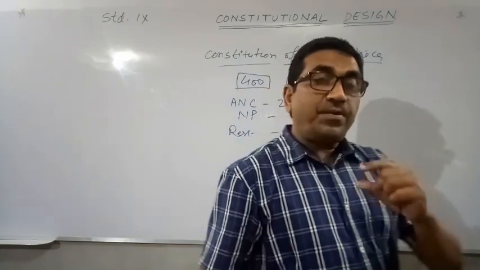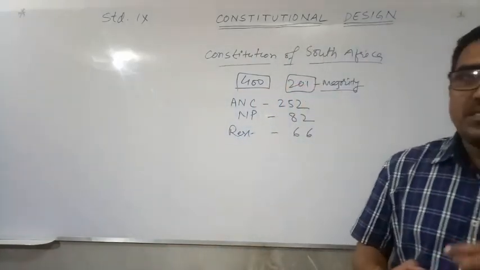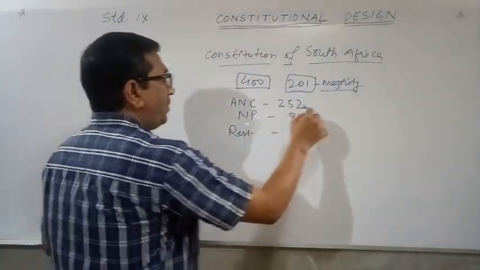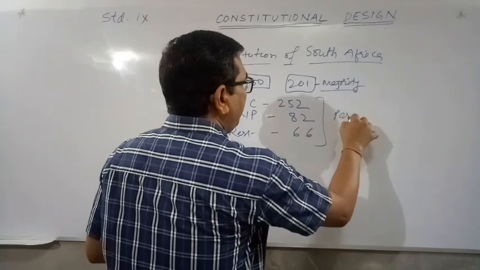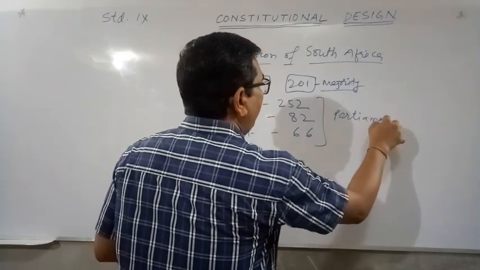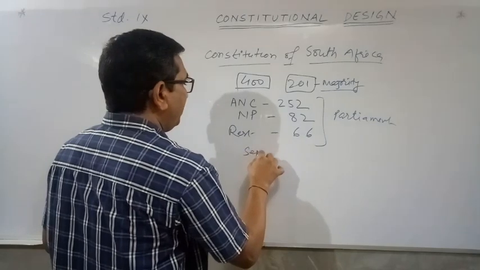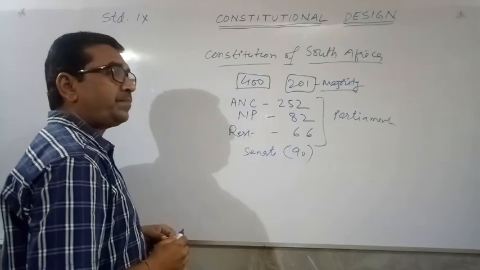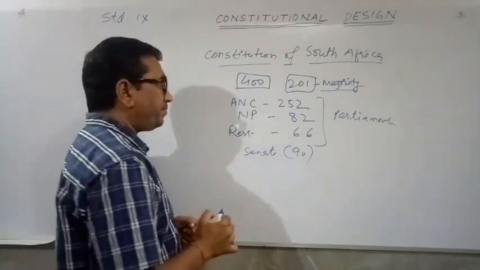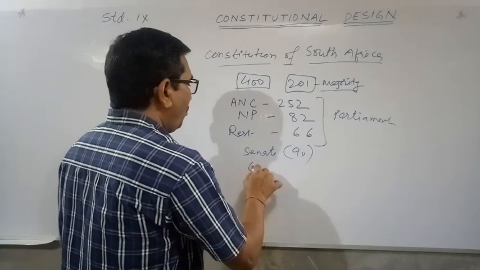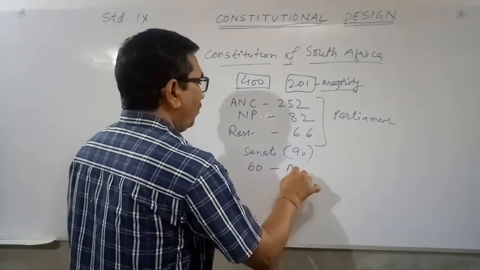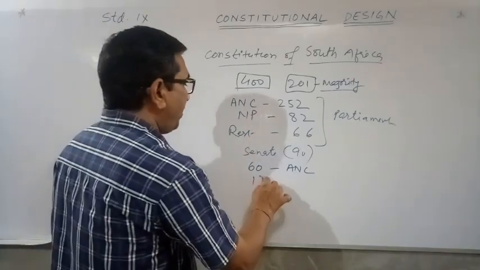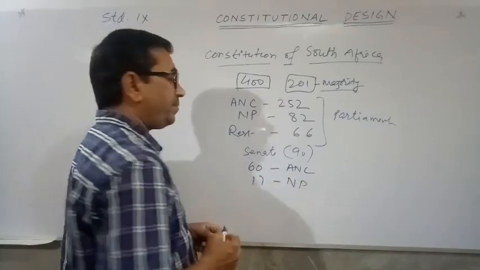If we talk about the Senate, the upper house, there were 90 seats. That was the condition of the parliament. Then in the Senate, of a total of 90, almost 60 were for the African National Congress and 70 for the National Party.